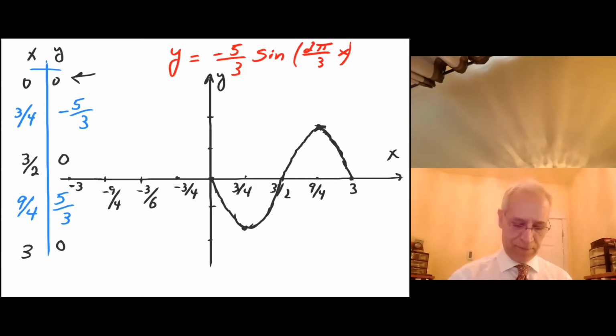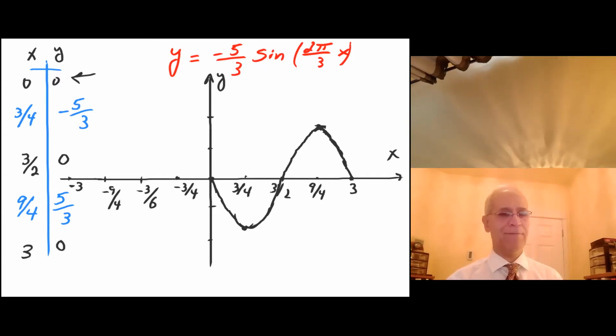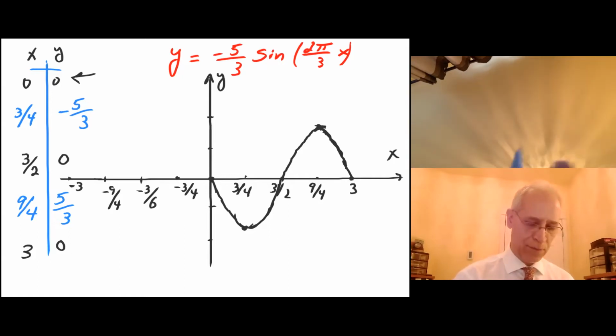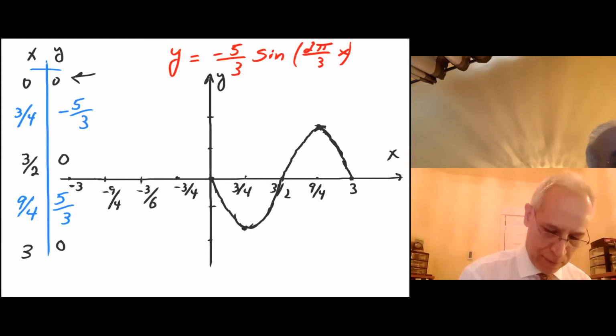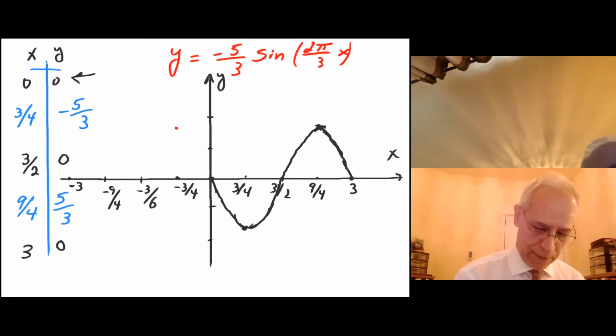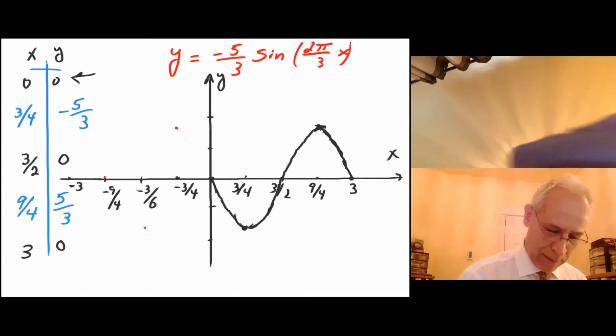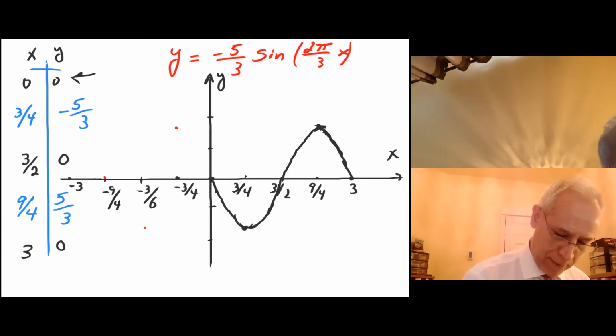And let's say that if I wanted to have another, more to the left or to the right, it doesn't matter. I can just continue with here. And so if 3/4 went to -5/3, then -3/4 should go to 5/3 up here. And then this comes down in here, back to 0. And so this is going to look something like this.